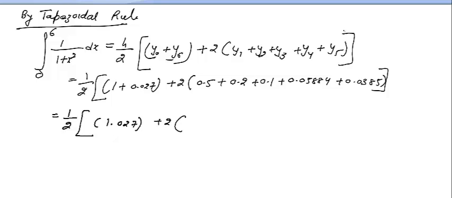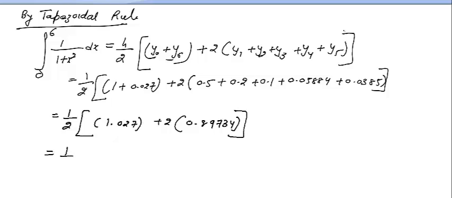Okay, so when you add these values, 0.5 plus 0.2 plus 0.1 plus 0.05884 plus 0.0385, you will get here 0.89734.